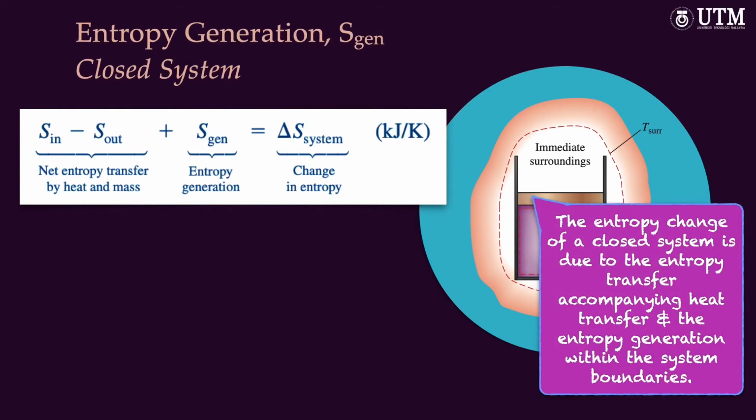The entropy change of a closed system is due to the entropy transfer accompanying heat transfer, and the entropy generation within the system boundaries. Taking the positive direction of heat transfer to be to the system, the general entropy balance relation can be expressed for a closed system as shown here.